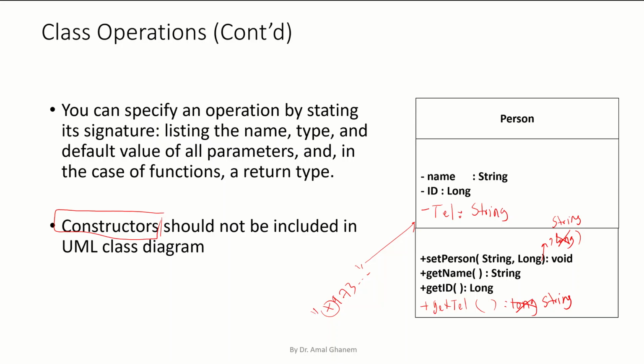Also, if we do not include them in our program, automatically we have a default constructor created for us within Java classes. When it comes to UML class diagrams, they should not be included. So remember this, do not include constructors.